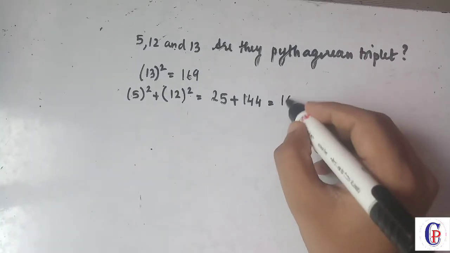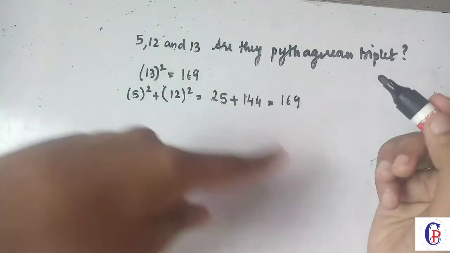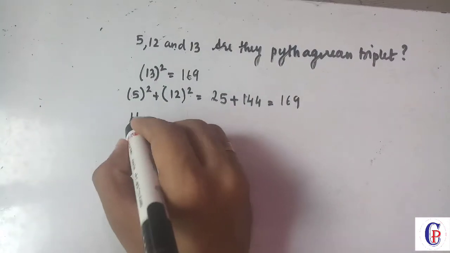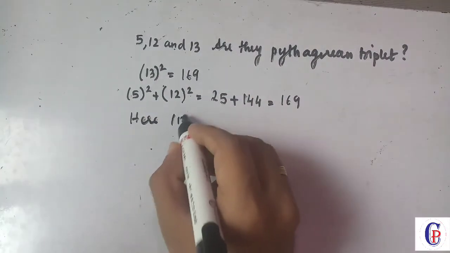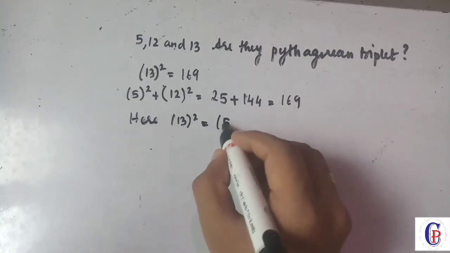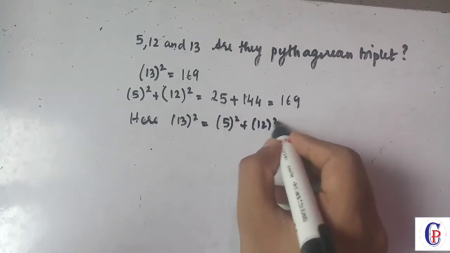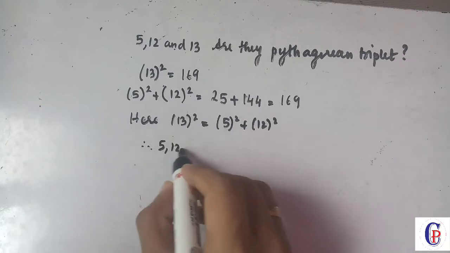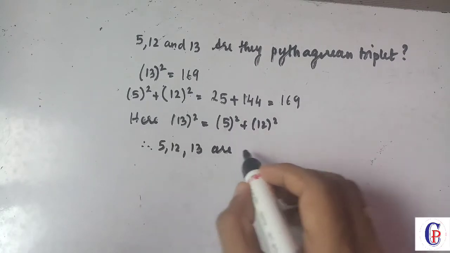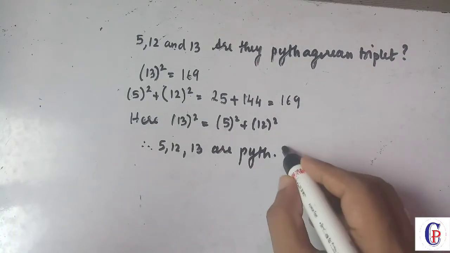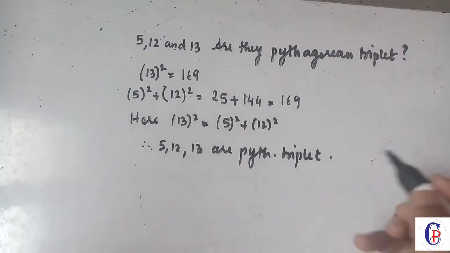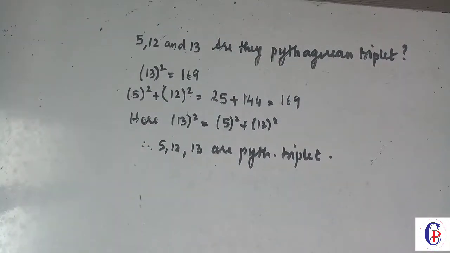This gives you 169, right? They both are equal. So we will say here 13 square is equal to 5 square plus 12 square. Therefore 5, 12, 13 are Pythagorean triplet. Clear?